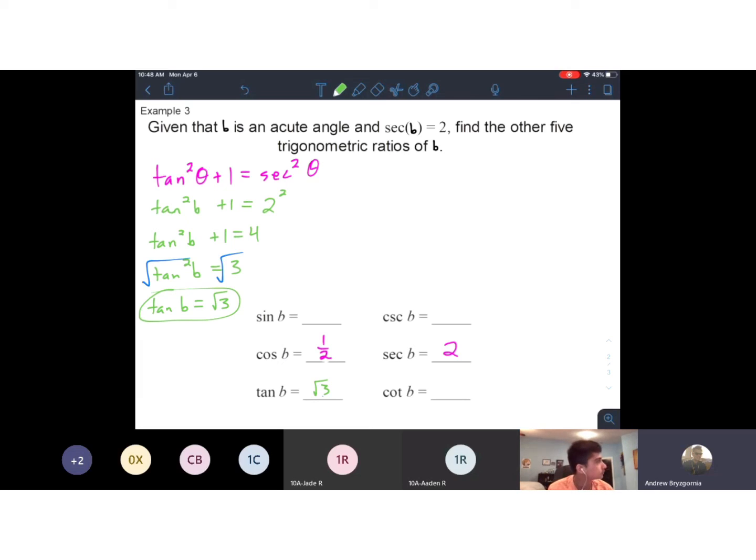Okay, and then we can get cotangent. What would cotangent be for this? Square root of 3 over 3. Good, yep, square root 3 over 3.